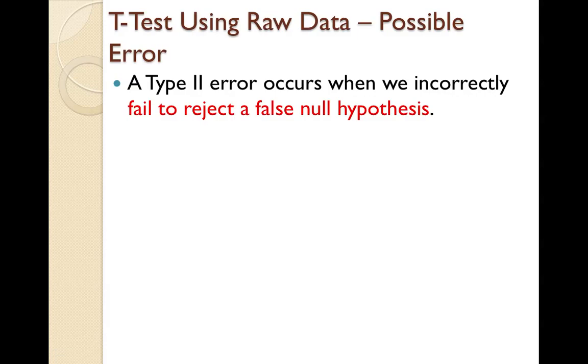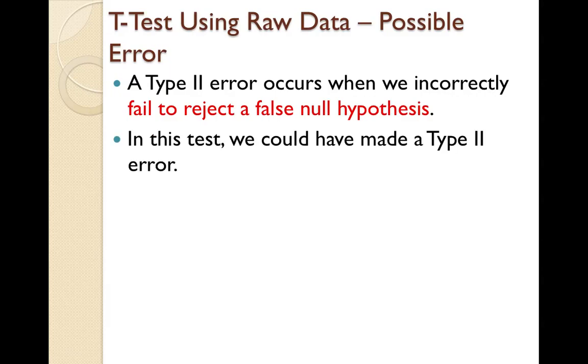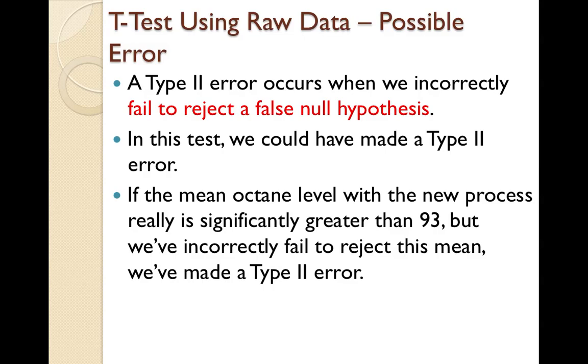Okay, a type 2 error occurs when we incorrectly fail to reject a false null hypothesis. So in this test, we could have made a type 2 error. And what it means is, if the mean octane rating with the new process really is significantly greater than 93, but we've incorrectly failed to reject the mean of 93, we've made a type 2 error.